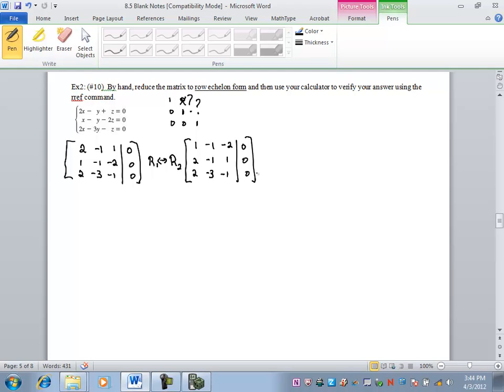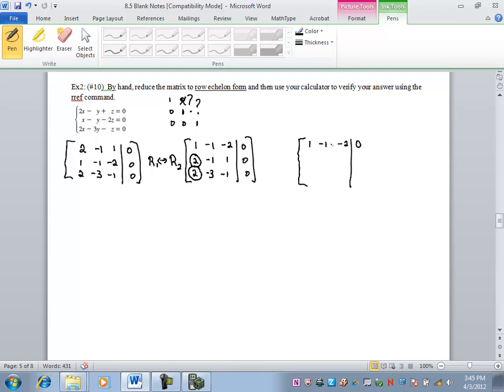Now, we've got the 1 in the upper left-hand corner. I'm going to work on making this a 0, and I'm going to work on making that a 0. So my top row stays the same. 1, negative 1, negative 2, 0.